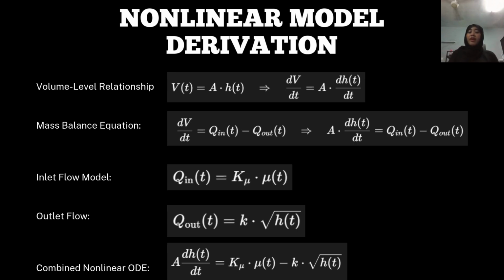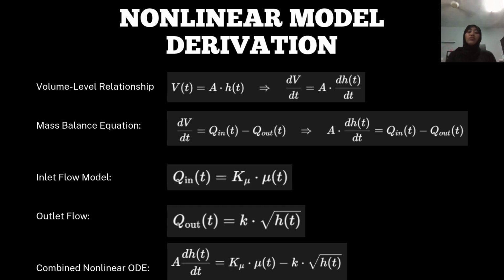To derive the dynamic behavior of the system, we begin by establishing the relationship between the volume of water in the boiler and the water level, which is simply the cross-sectional area multiplied by the height. When we differentiate this relationship, we obtain the rate of change of the water level over time.